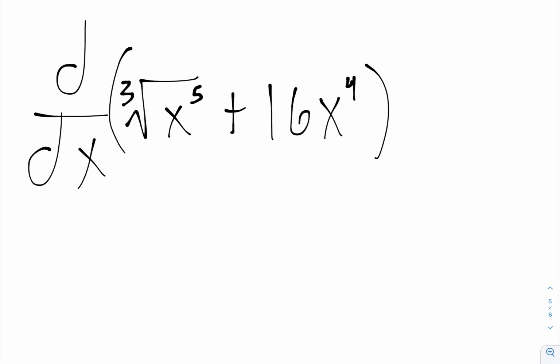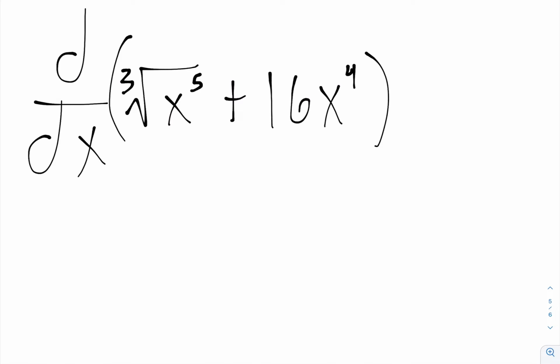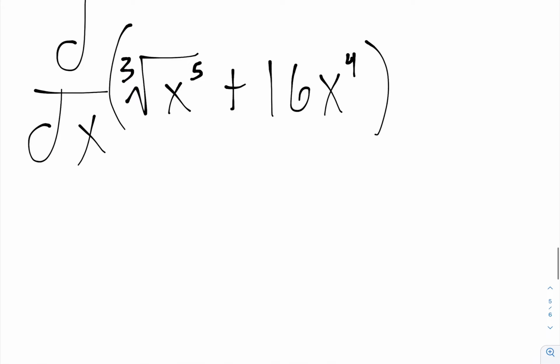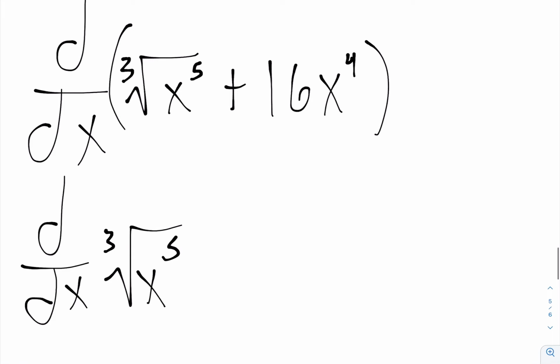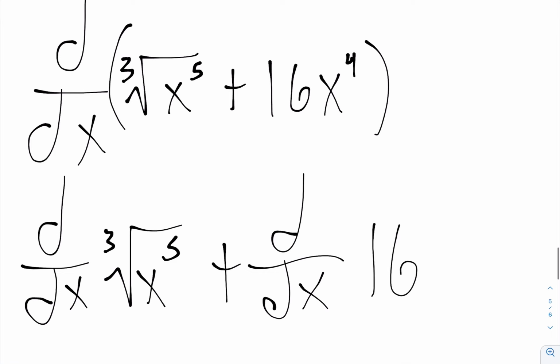Okay, so with the properties of derivatives that we know, we can separate these two expressions into separate derivatives. So we can take the derivative with respect to x of the cube root of x to the 5th plus the derivative of 16x to the 4th.